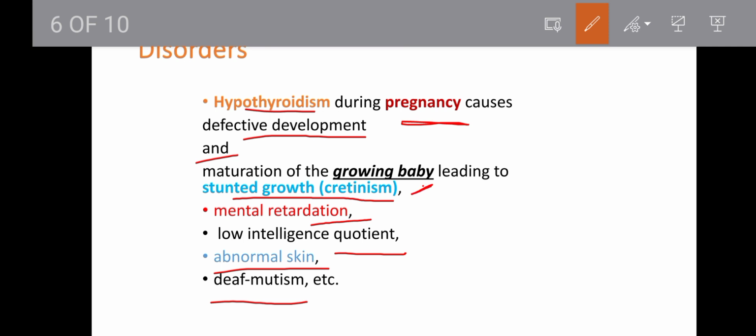So this is what happens in hypothyroidism. So there is stunted growth, mental retardation, low IQ, abnormal skin, and deaf mutism in the baby born to a hypothyroid mother.